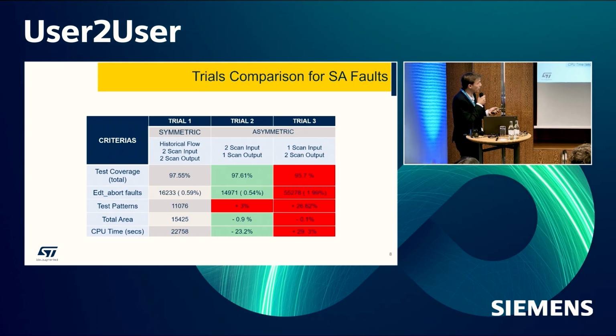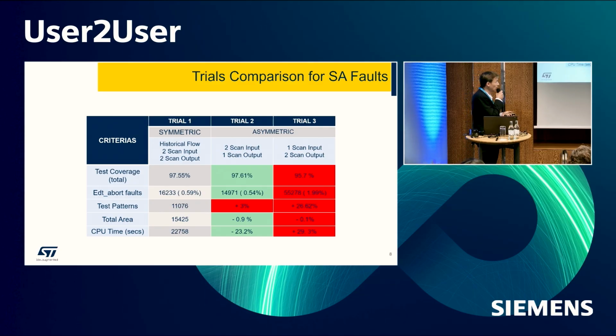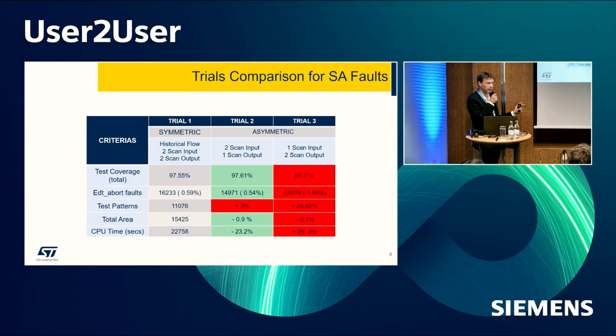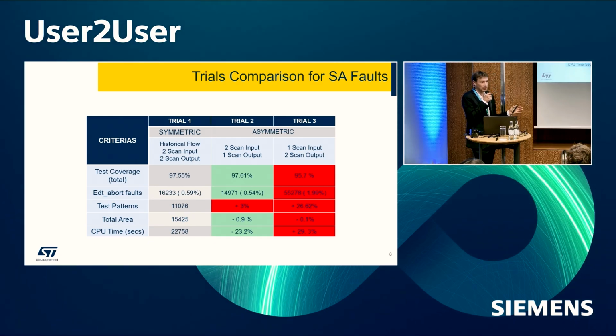And finally, the runtime. So what we can see in this interesting chart is that on this specific design on which they have done the trials, they could get a better coverage with an asymmetric implementation, as in, with 2-channel in and 1-channel out. The number of EDT abort faults has reduced. They had a little bit of pattern inflation, 3% more patterns, but that was not too much of a problem because, if you remember, I explained that their designs are highly dominated by analog mixed-signal content.